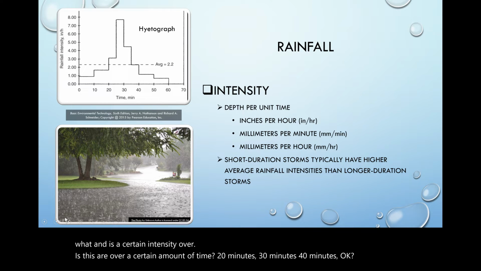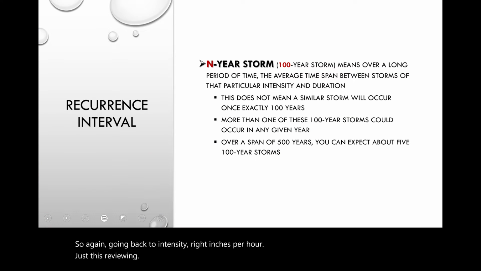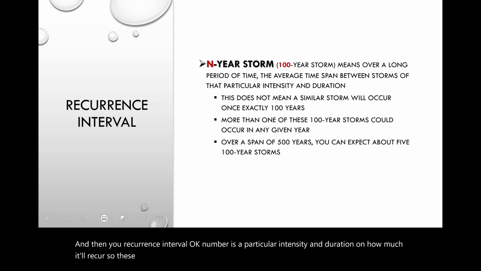So again, going back to intensity, right? Inches per hour. Just reviewing. And then your recurrence interval. Okay. Remember, for a particular intensity and duration, it's how often it will recur. So these terms will come up again in our next example problems.